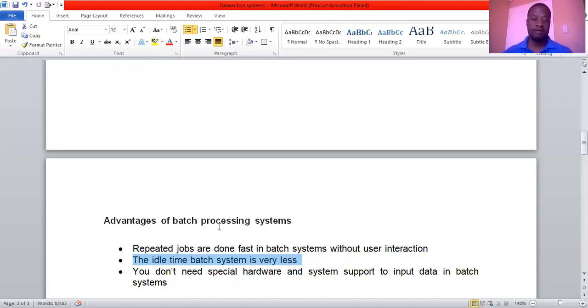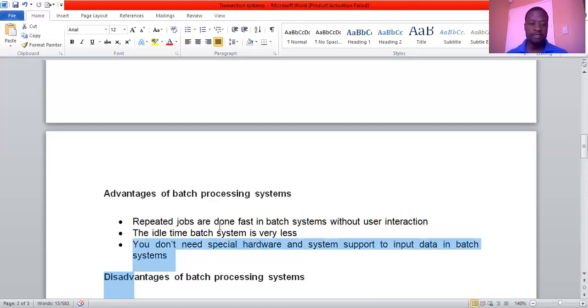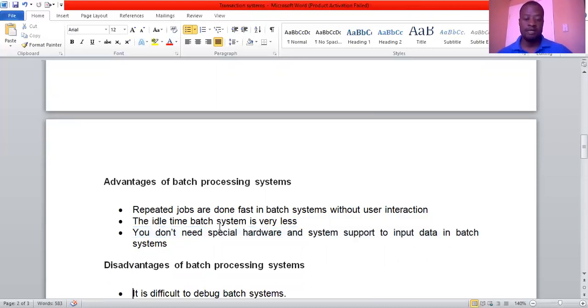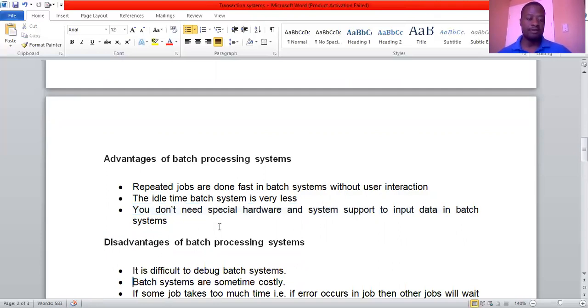The next one is that you don't need special hardware and system support to input data in batch systems. So those are some of the advantages of the batch processing system.